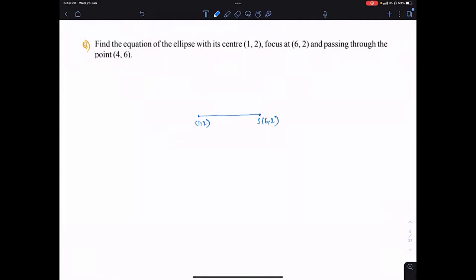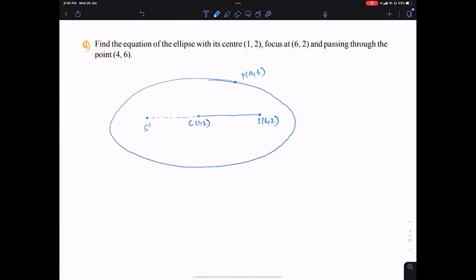One point on the ellipse is 4 comma 6, let's call it P. The line joining center and focus is horizontal, so the other focus will be on the other side, S dash. The ellipse will look something like this. So it will be a horizontal ellipse. Now we need this ellipse equation.